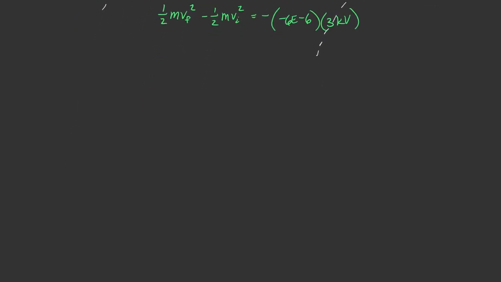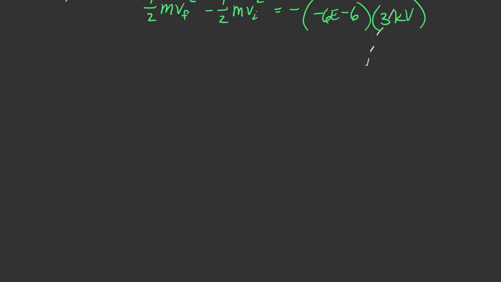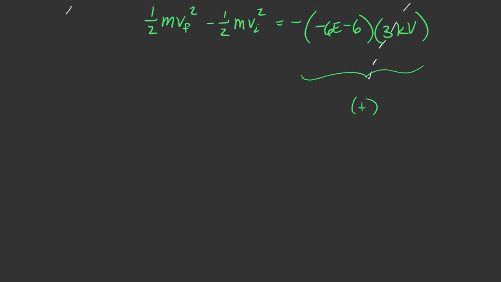You can deal with the mass. But this is essentially what's going to happen. This is going to be positive, which is what I would expect. We expect that our velocity is going to increase. I need that to be positive so that this side shows an increase in velocity. We have the mass, so this should be pretty straightforward to get this velocity.